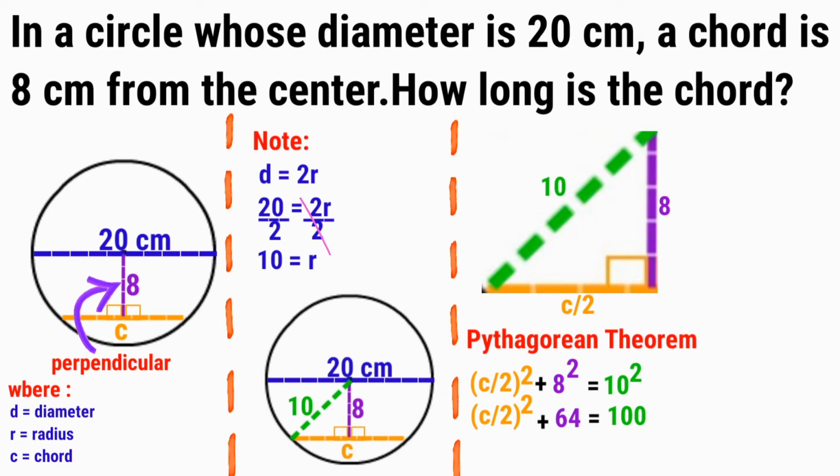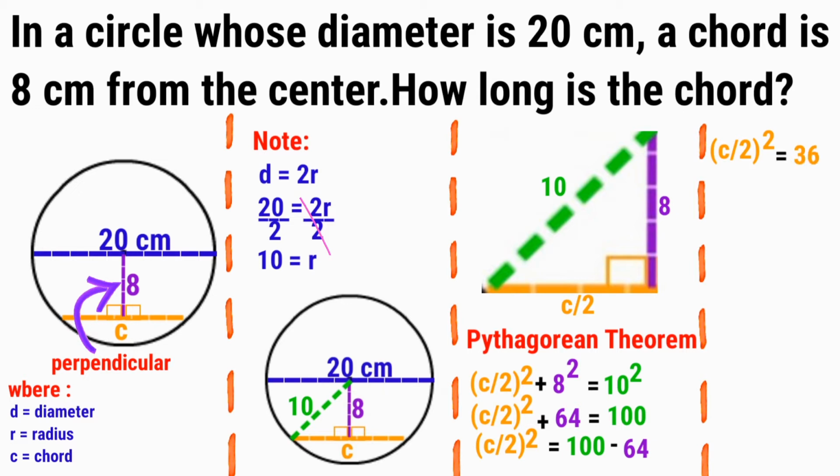Transpose 64 to the right side. (c/2) squared is equal to 100 minus 64. (c/2) squared is equal to 36. Take the square root of 36 to get c/2. The square root of 36 is 6. So c/2 is equal to 6.